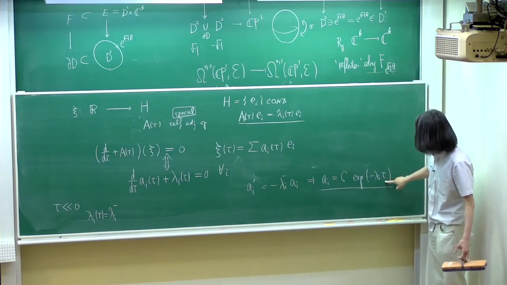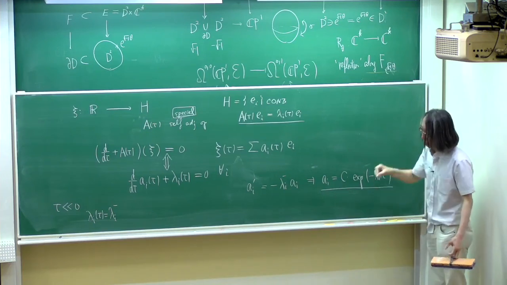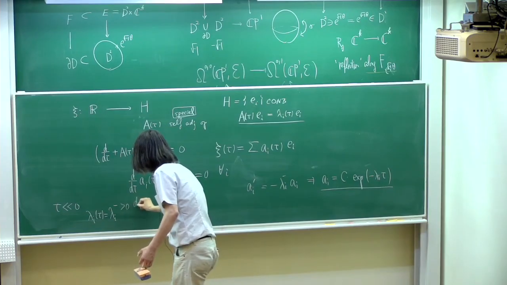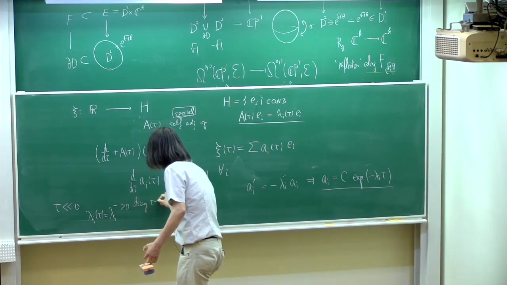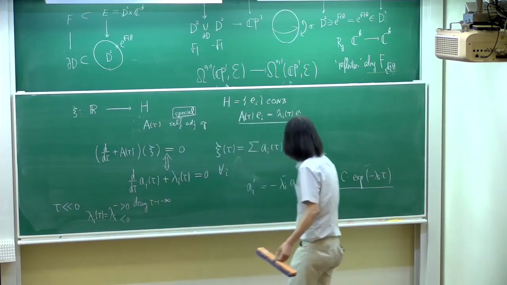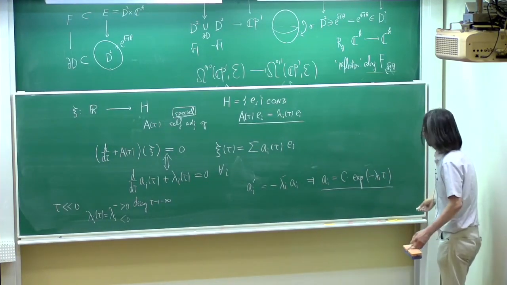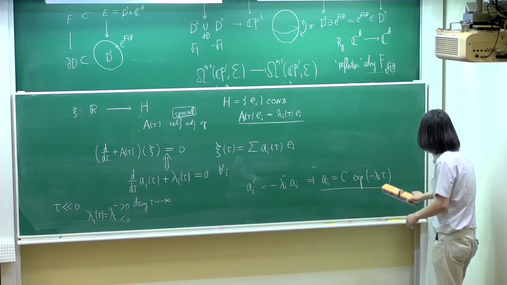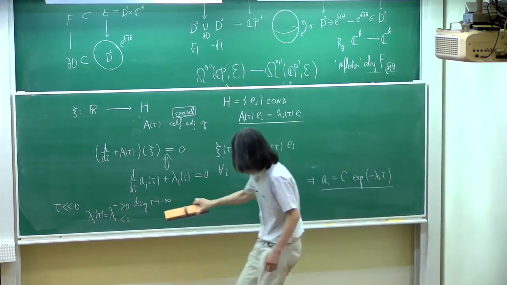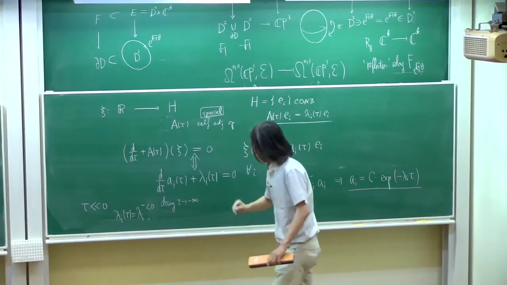So therefore, like this. So if tau is so negative, then if lambda_i is positive, then it decays, right? So if it is positive, then decay as tau goes to minus infinity. But if it is negative... tau is negative. Sorry. Maybe I made a mistake. So if it is positive, then this is negative. Sorry, it is opposite. If it is negative, then it decays.